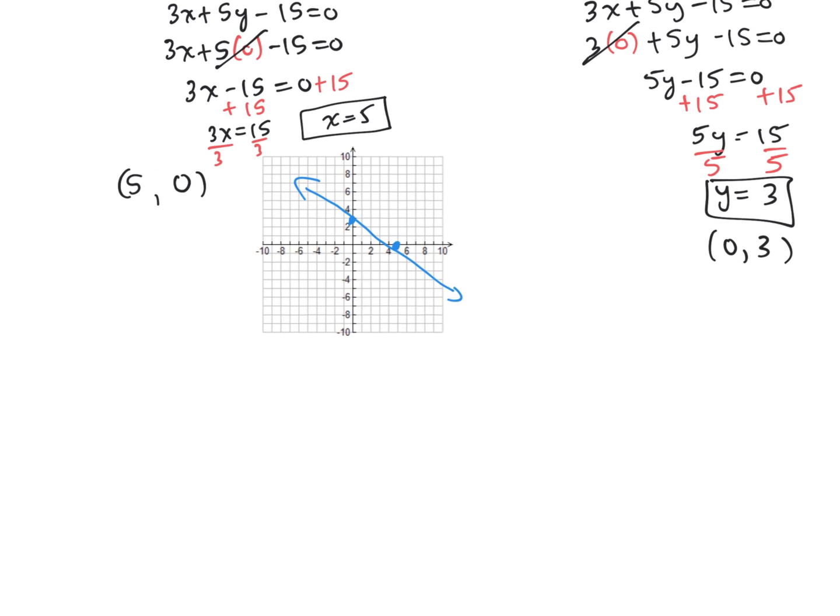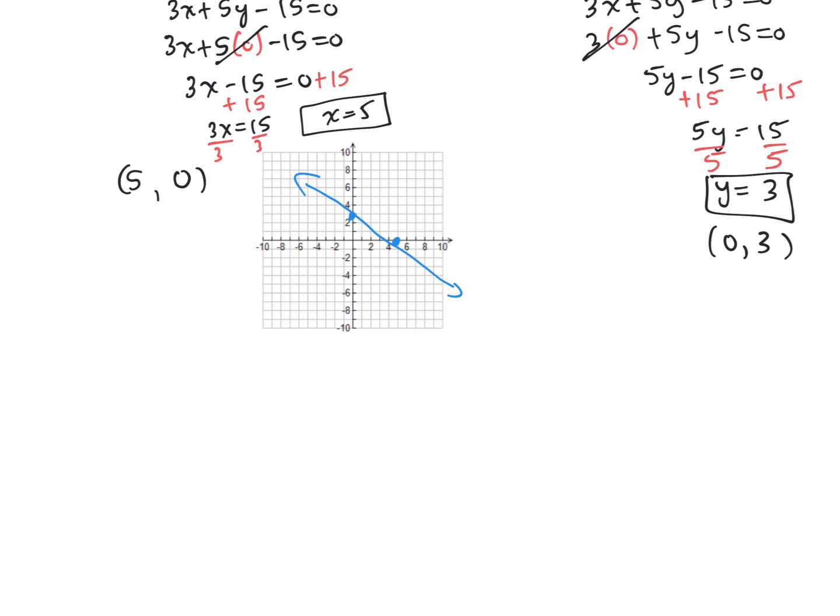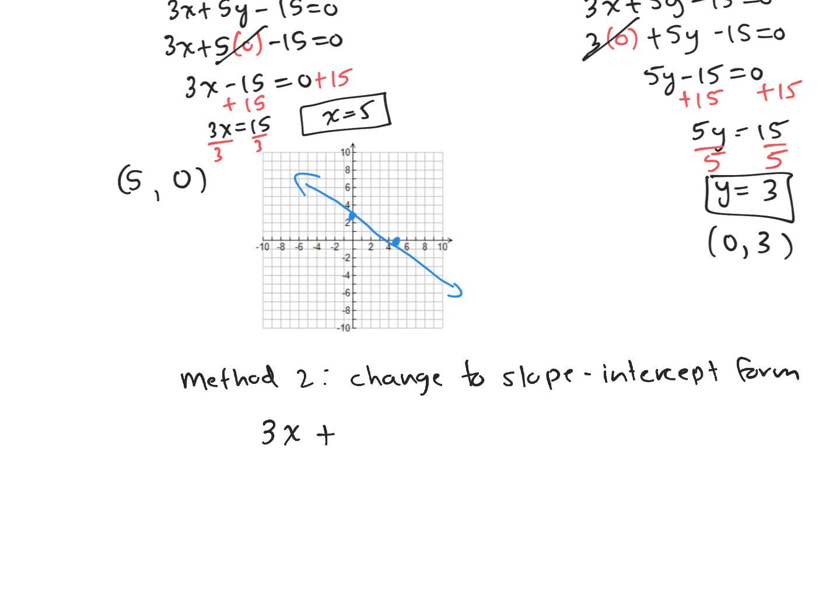Or we could do method 2. We could change to slope-intercept form. So the equation was 3x plus 5y minus 15 equals 0. So I'm isolating for y.